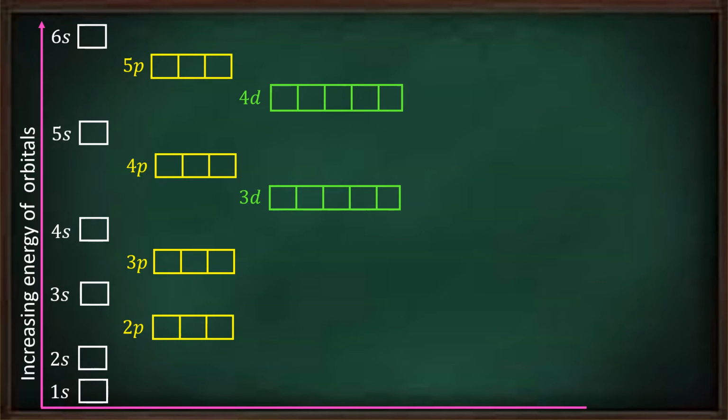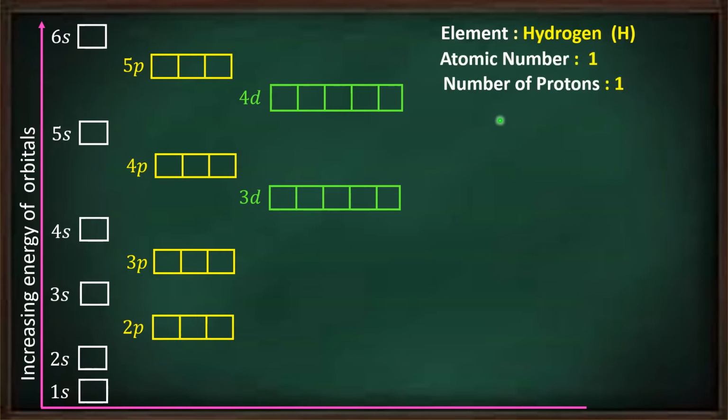Now let us start writing the electronic configuration of the first 20 elements in the periodic table. So the first element in the periodic table is hydrogen, H. Atomic number is 1. Number of protons present in the hydrogen atom is 1, and the number of electrons is also 1.